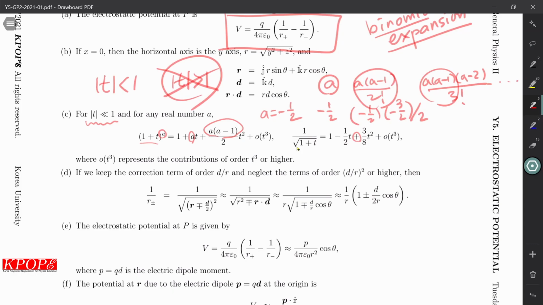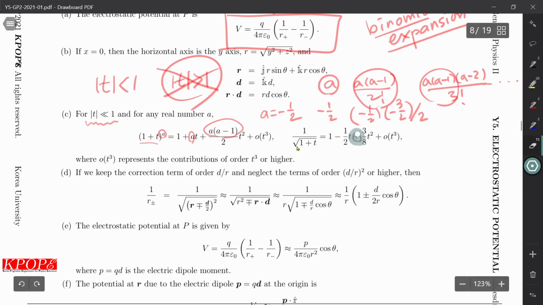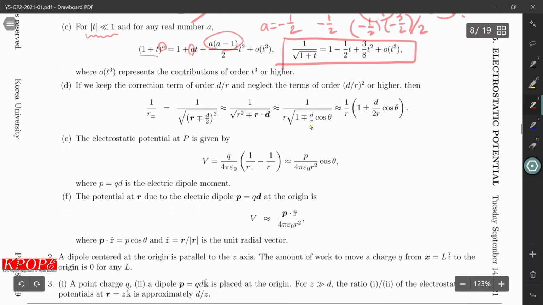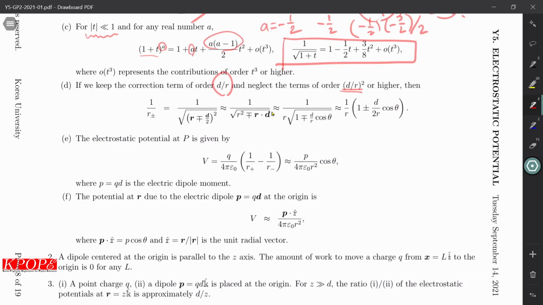So we apply this expansion formula by making use of the binomial expansion. If we keep the correction term to order d over r and neglect the terms of order d over r squared or higher, 1 over r plus minus is actually like that. This is the r vector.